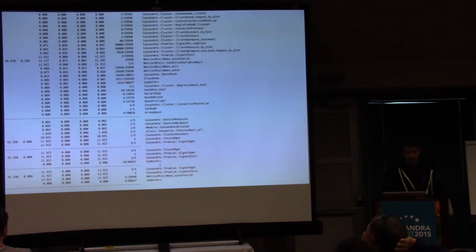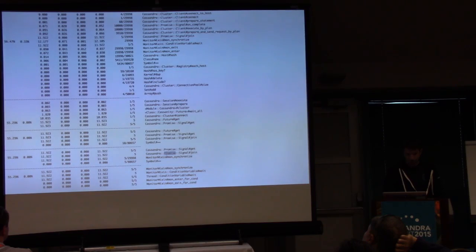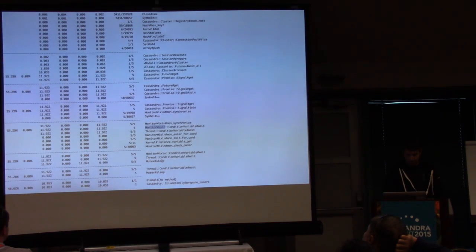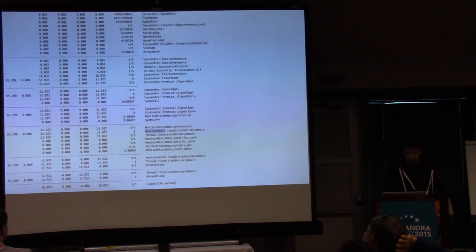Not very helpful. I haven't seen such a line in my code. 55, Cassandra feature get. Well, it makes sense because we are running asynchronous, right? Some promises here. I don't want any promise. More promises here. Monitor mixing, thread, condition, mutex. Not very, I don't know.